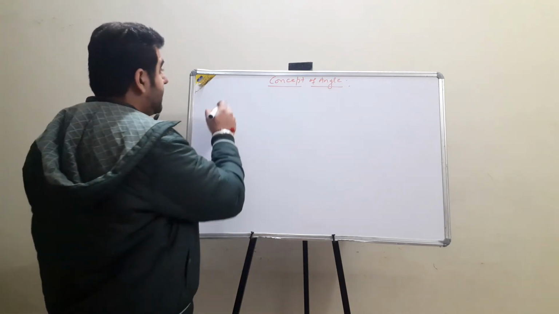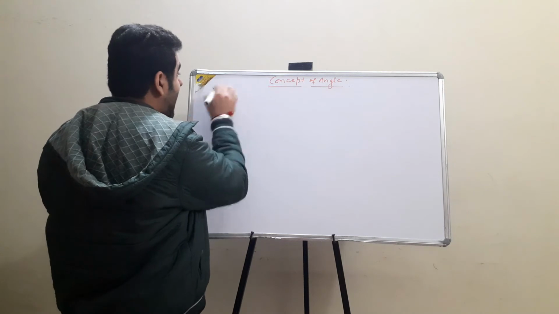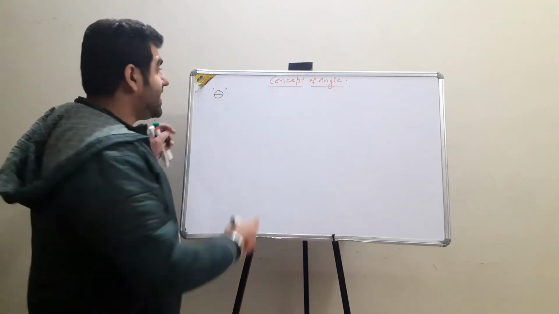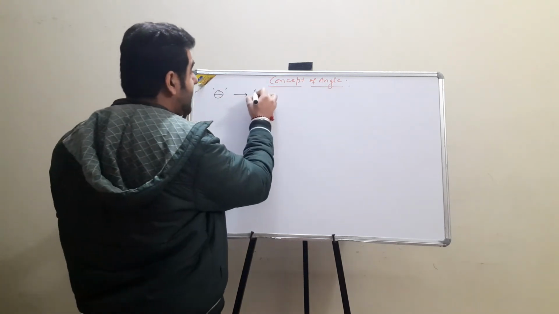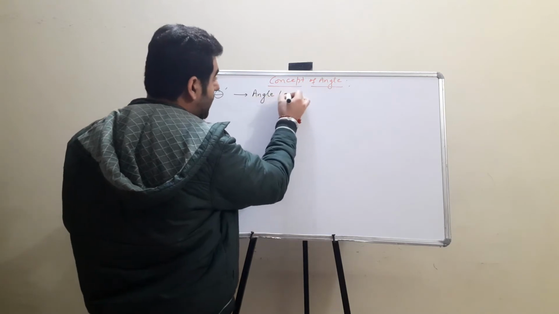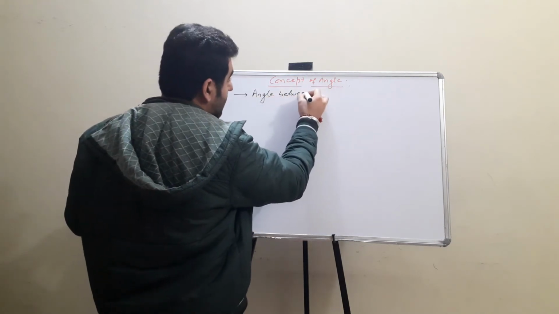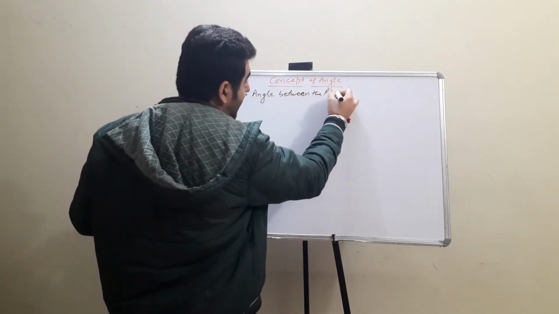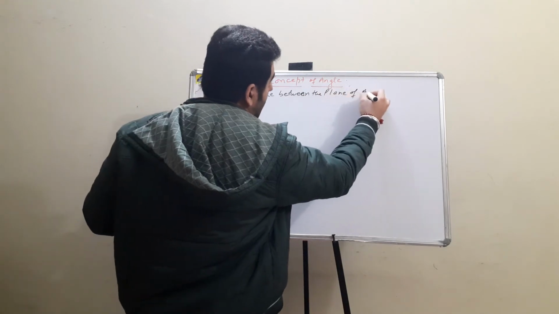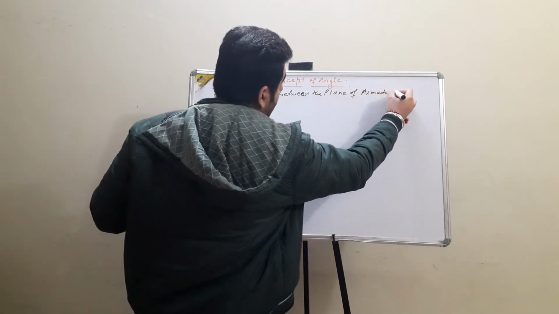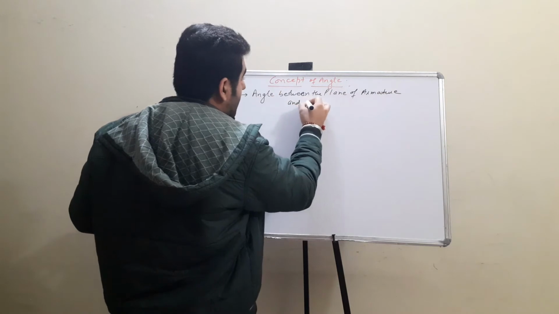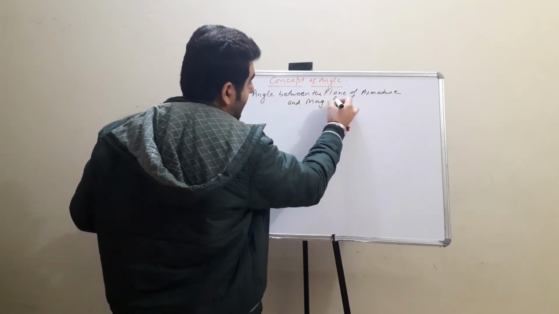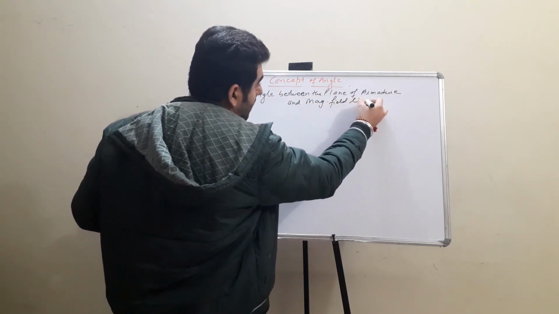If you remember, we have discussed the angle theta in that case, where theta is the angle between the plane of coil or plane of armature and the magnetic field line.